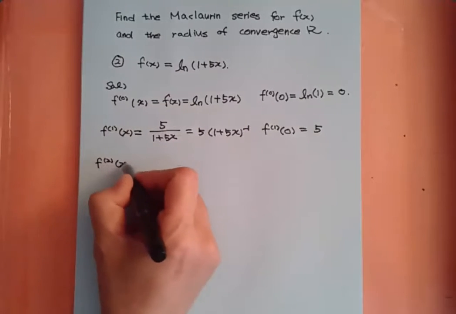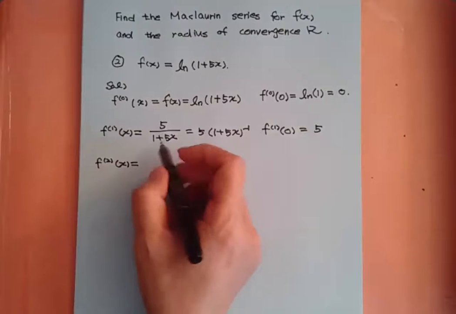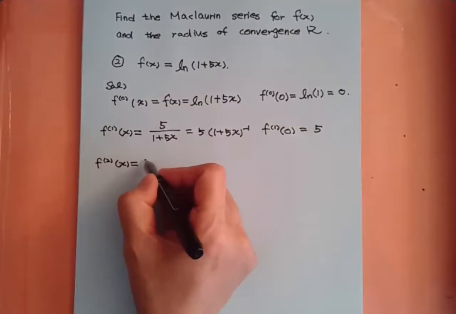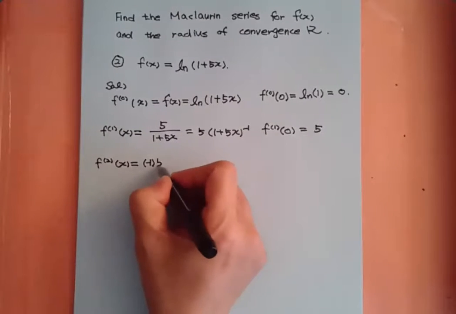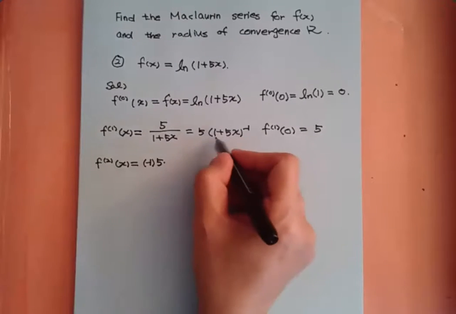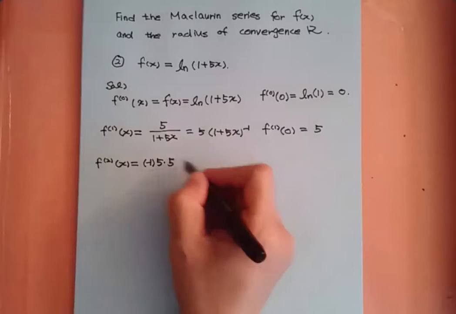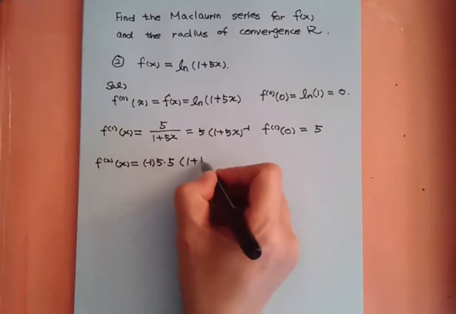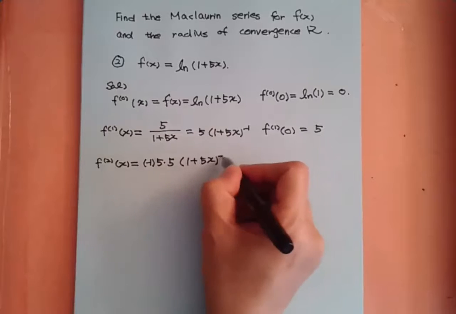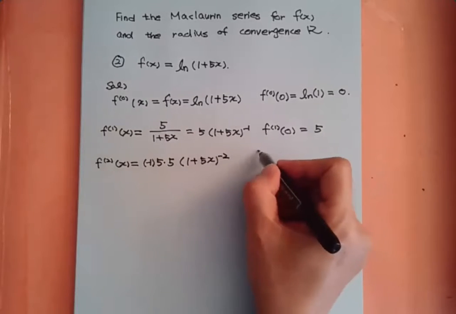The second derivative of f at x is what? Minus 1 times 5 times, if we apply the chain rule, you have to multiply by 5 again. So 1 plus 5x to the negative 2 power.